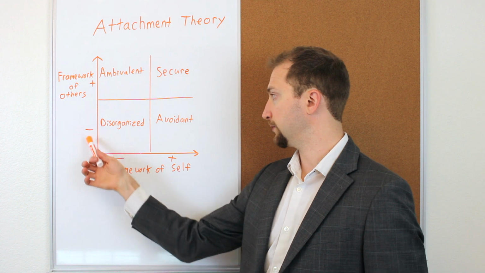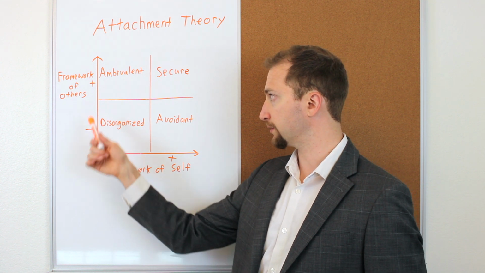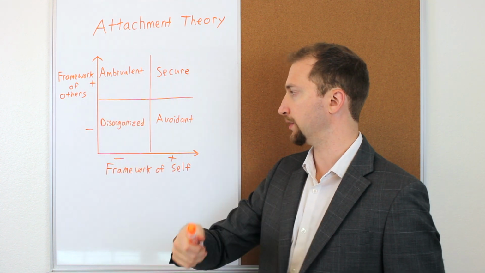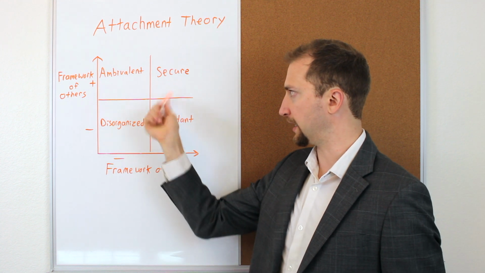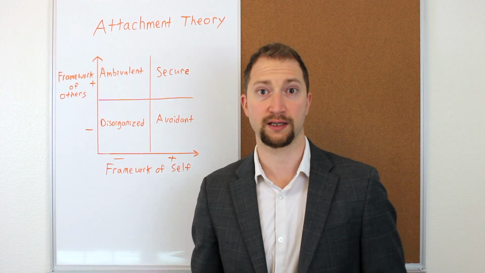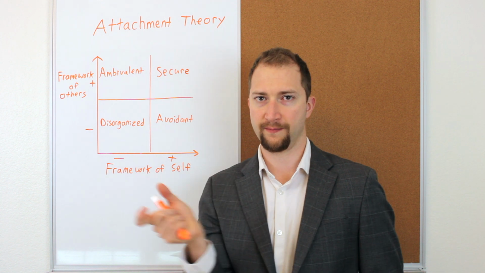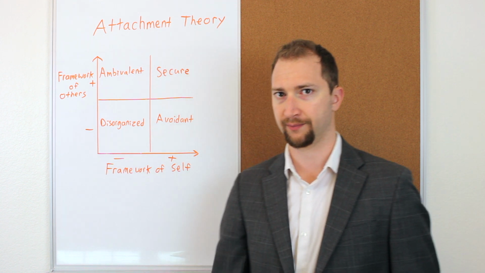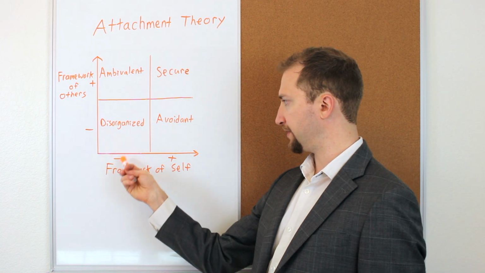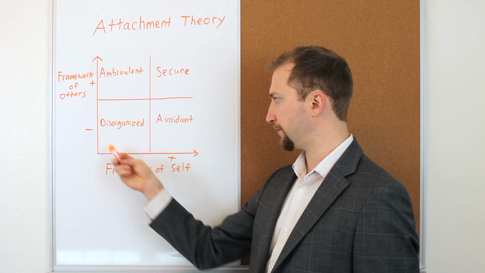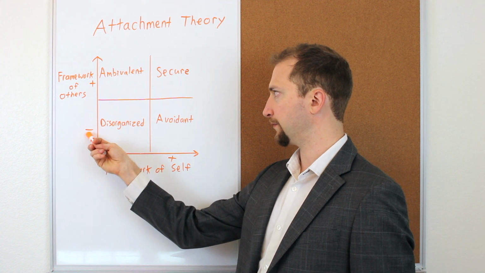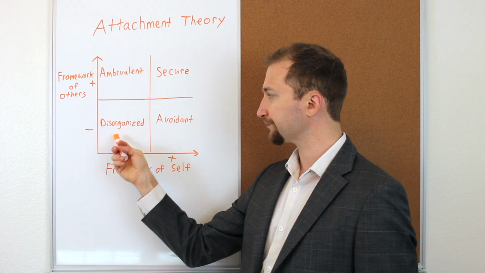It's the same concept. We have negative framework of others versus positive framework of others. And as you can see, we've kind of categorized the 4 basic attachment styles based on those frameworks, those two axes.